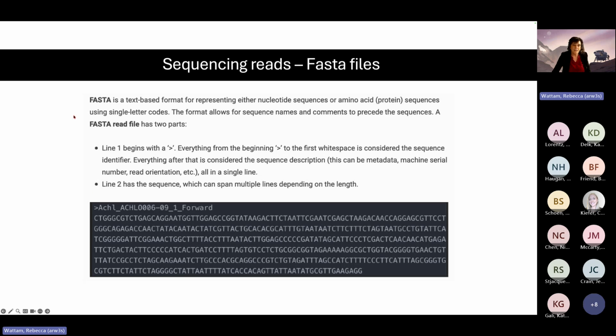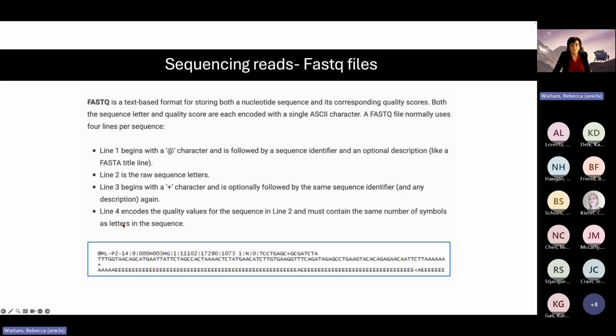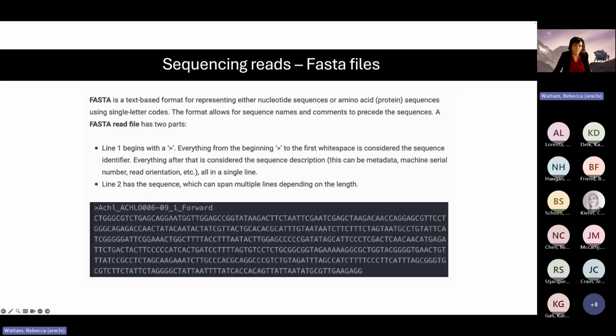And the second line starts with the sequence. Now those sequences can be really long. This tells me that it's a read because it says forward, and this could be Illumina. I think it's a little small for PacBio or Oxford Nanopore, but everybody should understand this, the CTGA, it's all there.